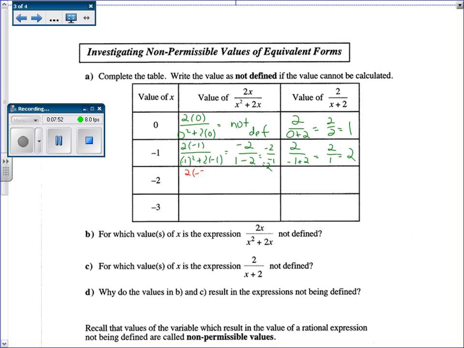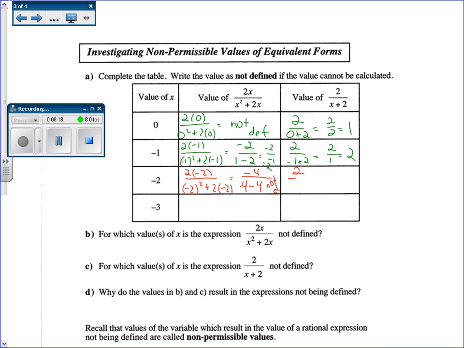2 times negative 2 divided by negative 2 squared plus 2 times negative 2 is negative 4 over 4 plus negative 2, and so then that is not defined, right? Because, oops, let me fix that. It's negative 4 over 4 minus 4, so this is not defined.